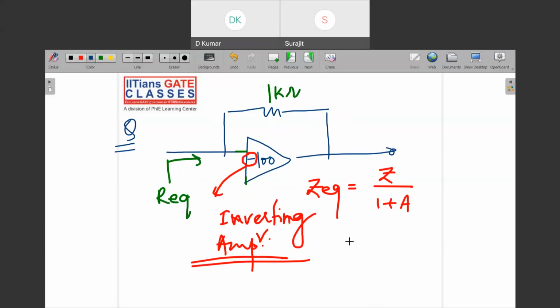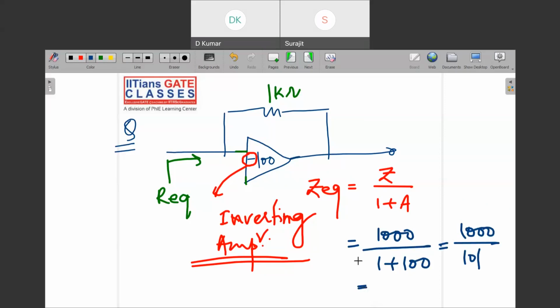Directly you can place it here. Now this is resistance, in case of impedance, because there is only resistance. So 1000 upon 1 plus 100, right? So 1000 upon 101. You can divide this and you will get the answer, approximately 10 ohm.